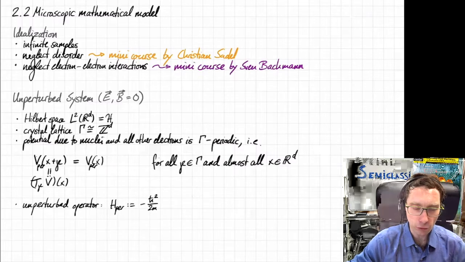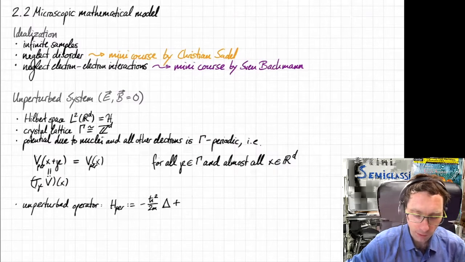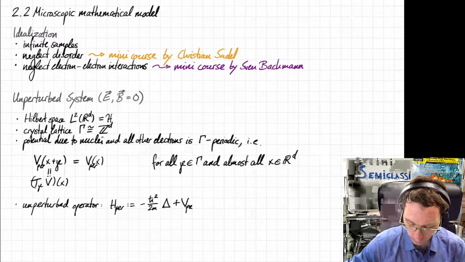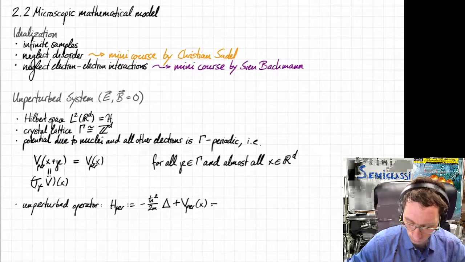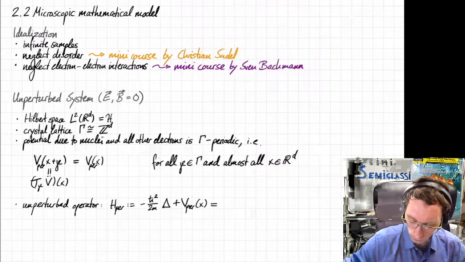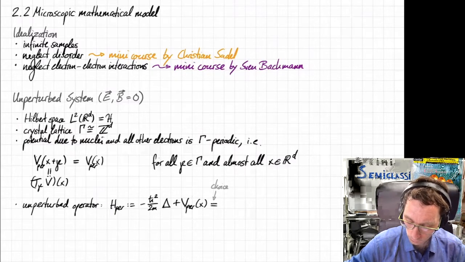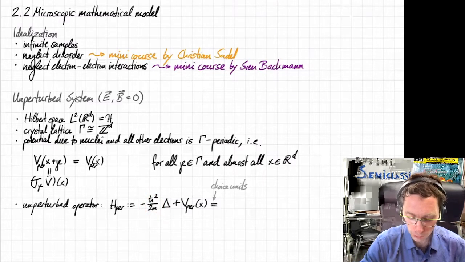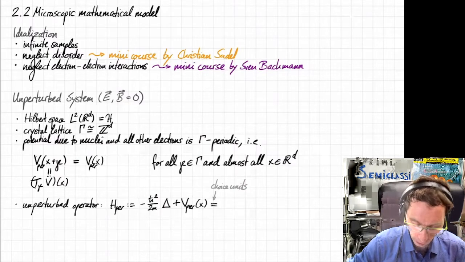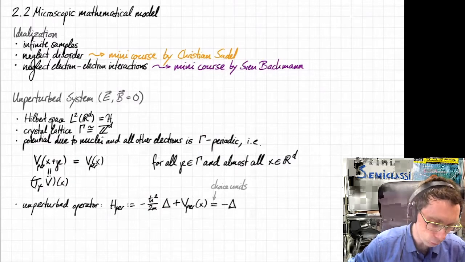So this is minus h bar squared divided by 2m Laplace plus V periodic. To simplify my life, I will choose units, so that after a choice of units I will just make this prefactor equal to the identity. It's just because I'm too lazy to write it down every single time, and certainly it does not really change the story in any significant way. I'm just using different units.